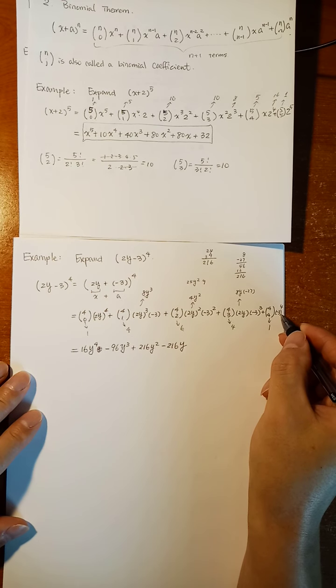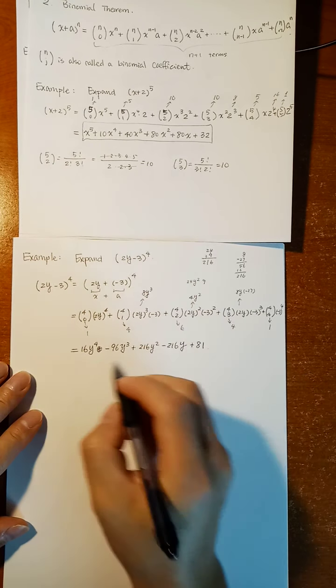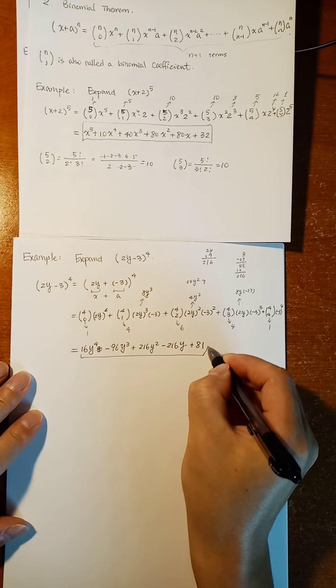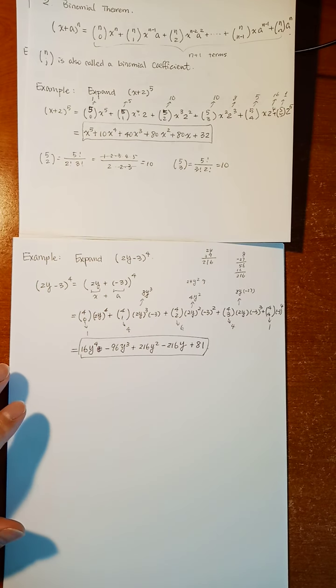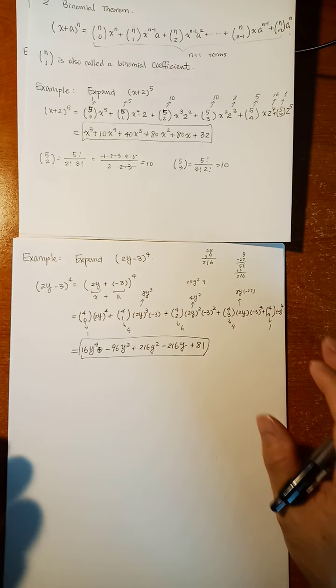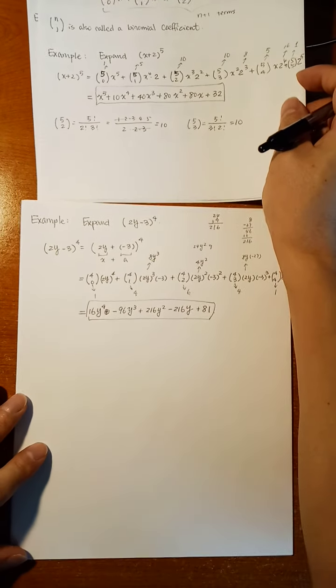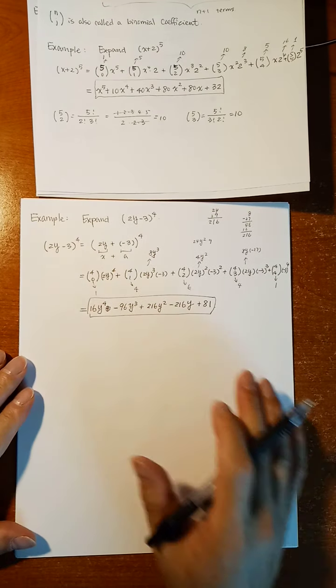And the final one, negative 3 to the fourth power is positive 81. So that's it. Just be careful. Compute each term carefully. It's very easy to make a silly mistake.